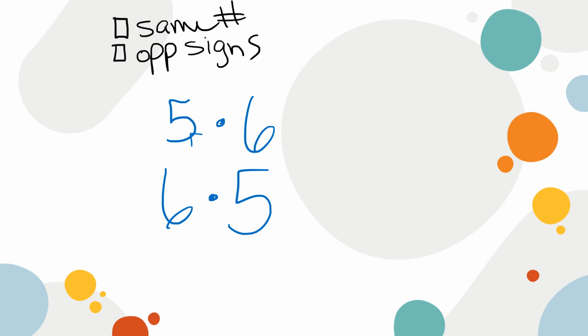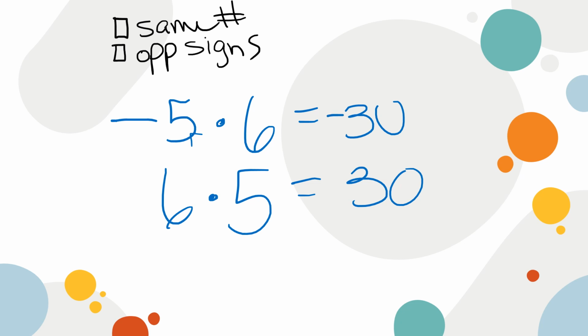But that would take care of the same number, right? If I took a look, that would get me 30 on both of them. Uh-oh, they're not opposite signs. So in that case, you get to pick one of them to be multiplied by a negative. Doesn't matter which one. Okay? But your goal is to make them have the same number and opposite signs.